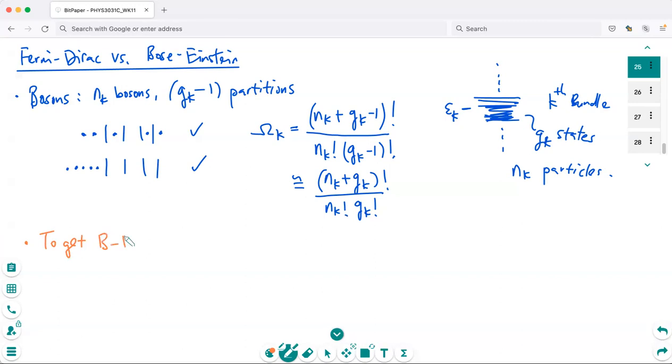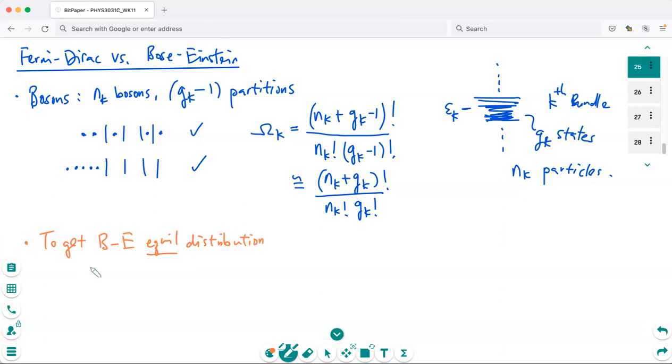To get the Bose-Einstein statistics, it's an equilibrium distribution. I want to use the wording to remind you that we are talking about an equilibrium distribution. That's why we maximize the log of some omega distribution.